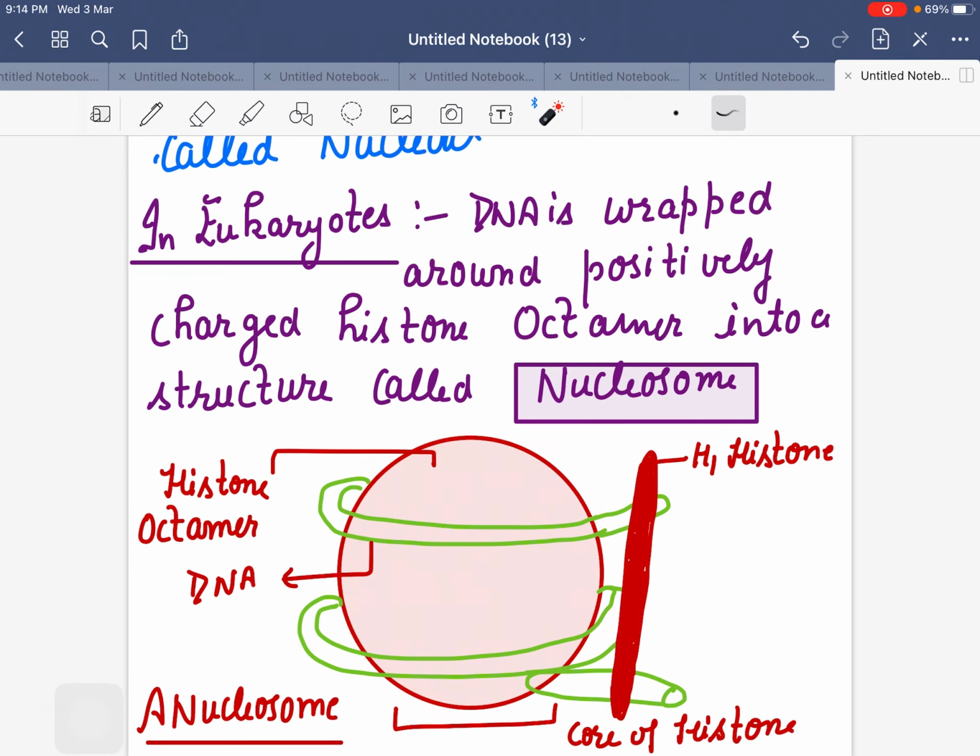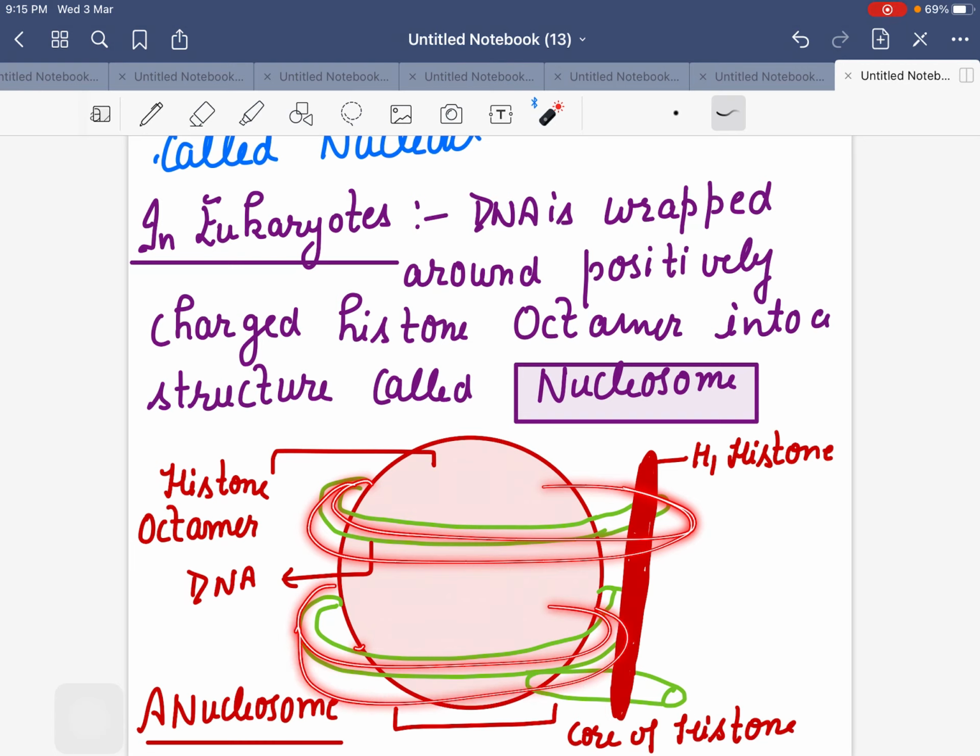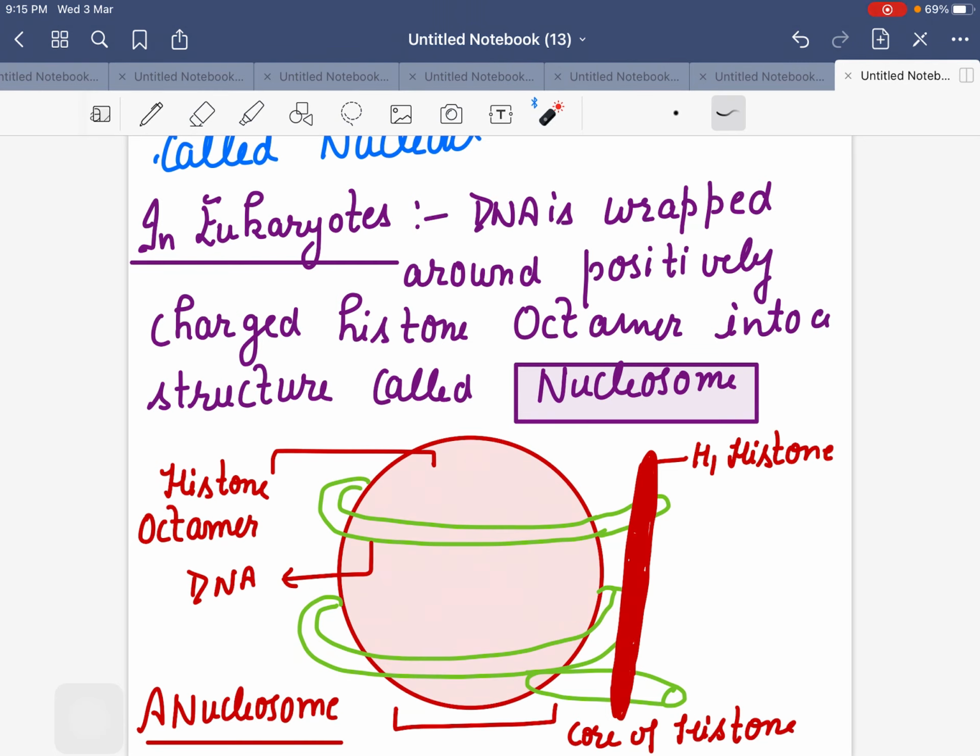So as you can see, this basic structure is your octamer, because it is a 3-dimensional structure, and this is the main core of your histone basically. And here is basically the last one extra, that is the H1 histone protein, and as you can see we have wrapped our DNA around this.